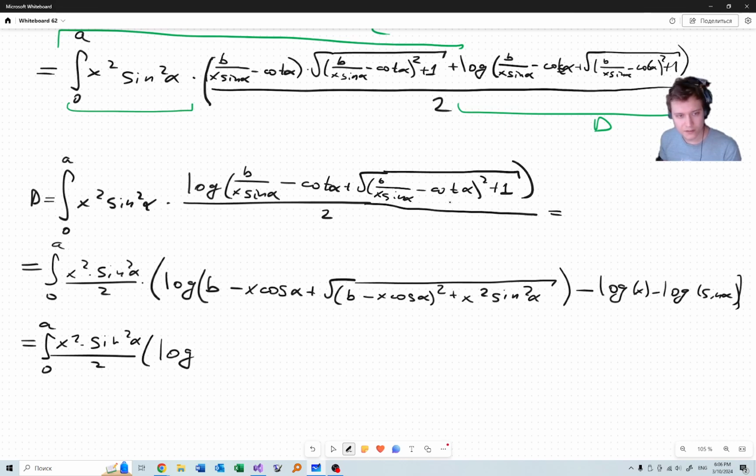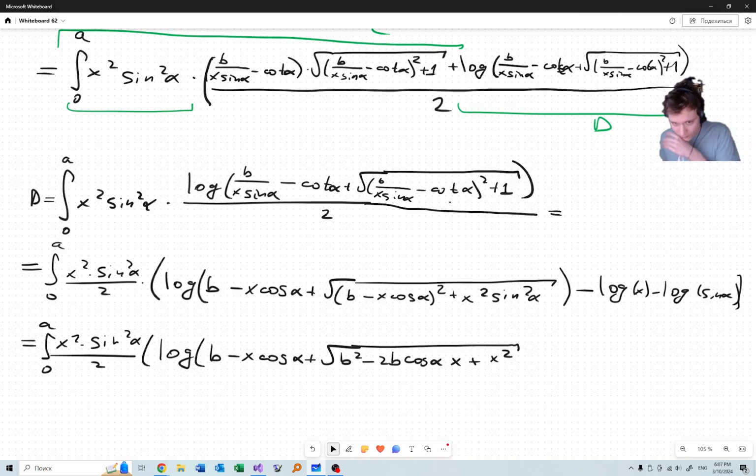First of all, this logarithm of b minus x cosine alpha plus b squared minus 2b cosine alpha x plus x squared. Okay, minus logarithm x minus logarithm sine alpha.